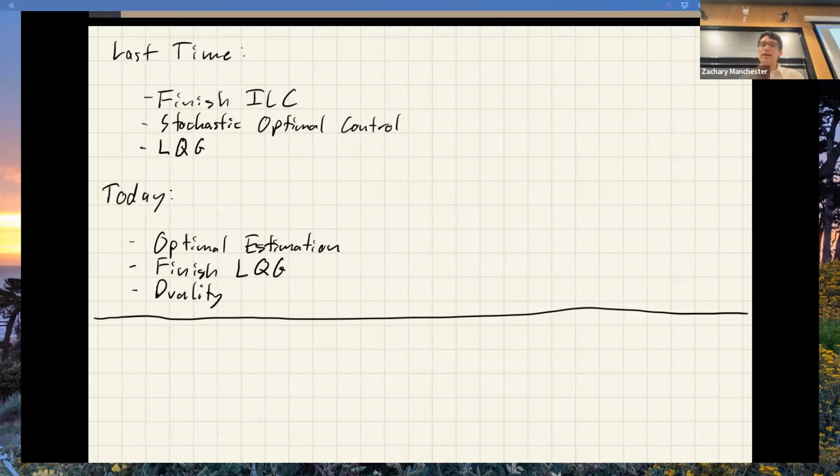Okay, cool. So again, LQG is a simple setting, but it's really important because it's simple enough that we can actually do a lot of theoretical analysis and prove things in this setting. So it's a really good playground for control theory, learning theory, whatever.